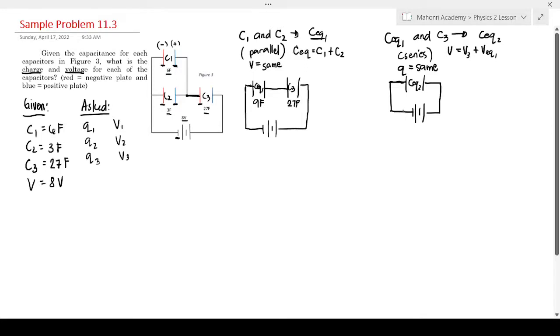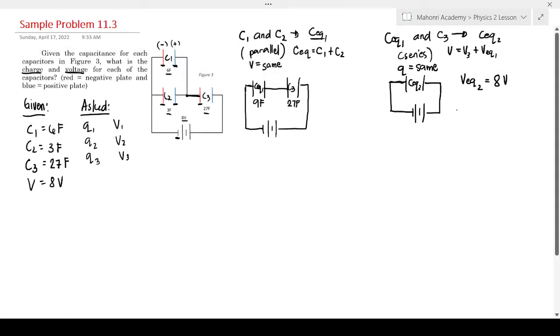So this is our CEQ2, right? Now we can identify the voltage of our CEQ2. Since we can imagine this is an individual capacitor, this voltage is now equal to the voltage of our battery, which is 8 volts. Moreover, we can also solve for our equivalent capacitance for CEQ2.